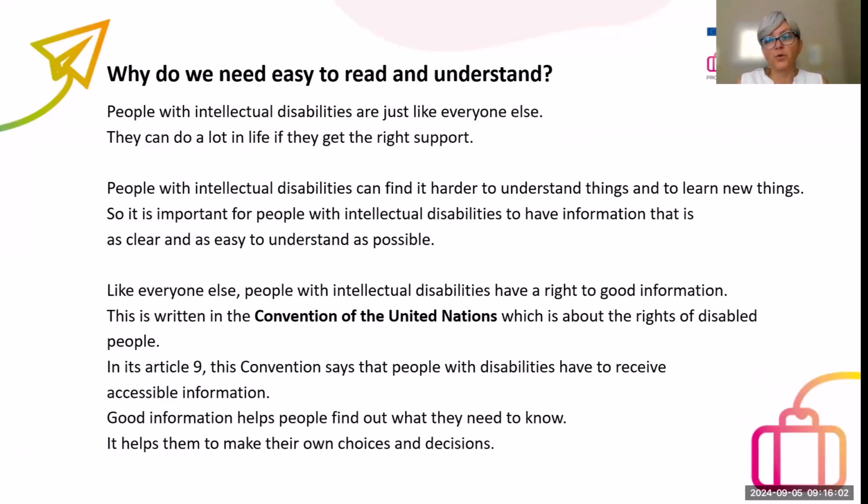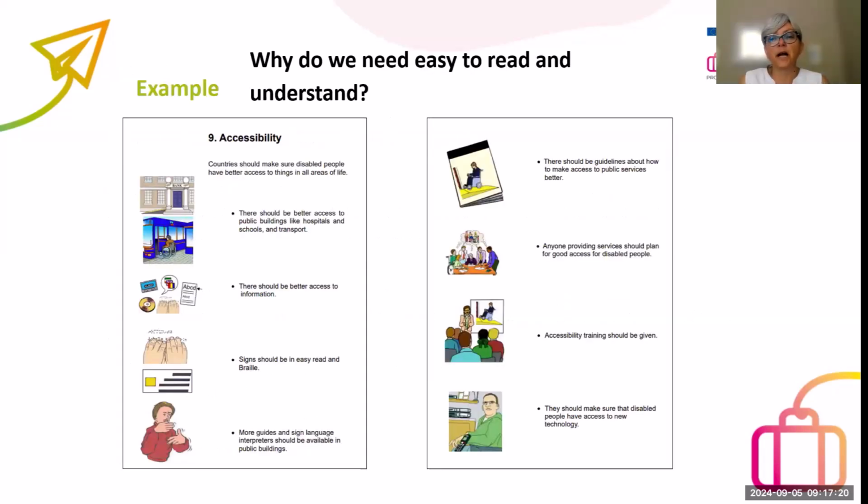Access to accessible information and communication is guaranteed to people with disabilities by the Convention on the Rights for Persons with Disabilities. Information helps people make choices, take good decisions, and have an independent life. All these kinds of information should, first of all, be prepared in easy to read form. And the example that Vidas has shared was exactly like that.